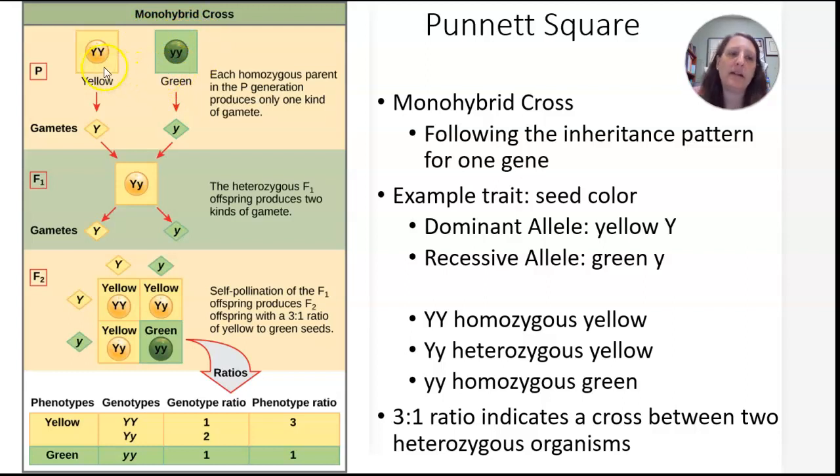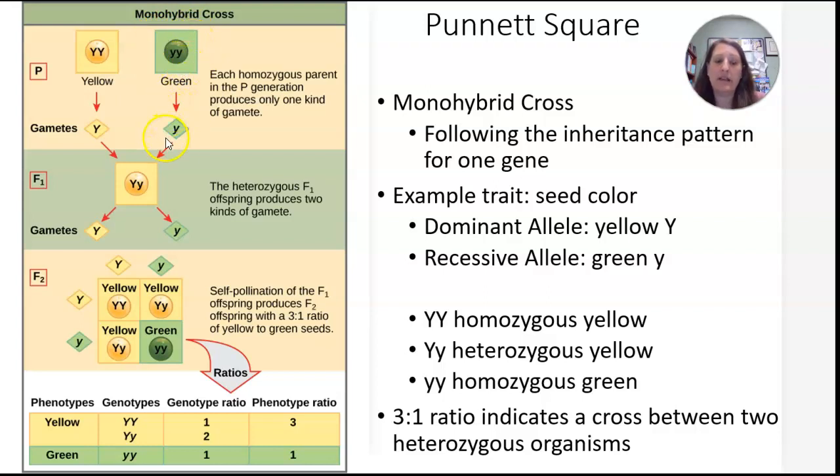If I come back to this parent, the only type of gamete it can produce would be gametes that hold the capital letter Y, the dominant allele, because that's all this parent has. So 100% of the gametes will be big Y. The same thing holds true for this parent. All of the gametes produced by this parent will hold little y, because that's the only allele present in this organism.